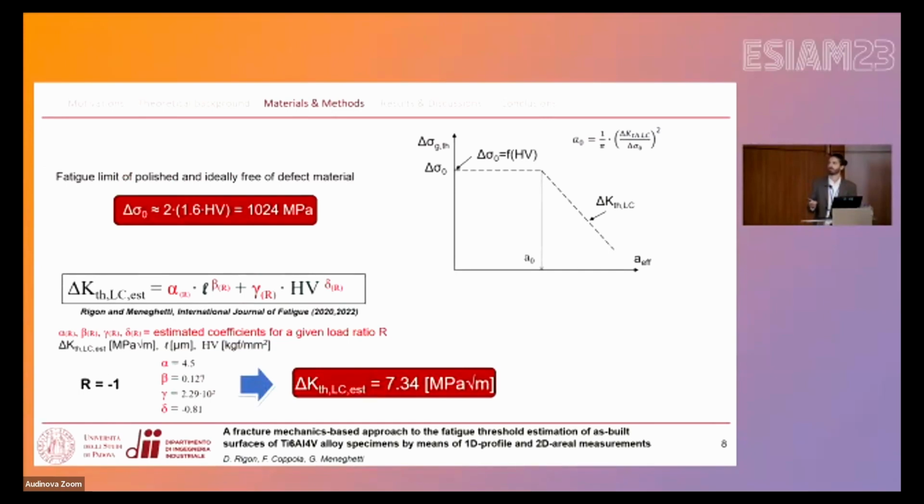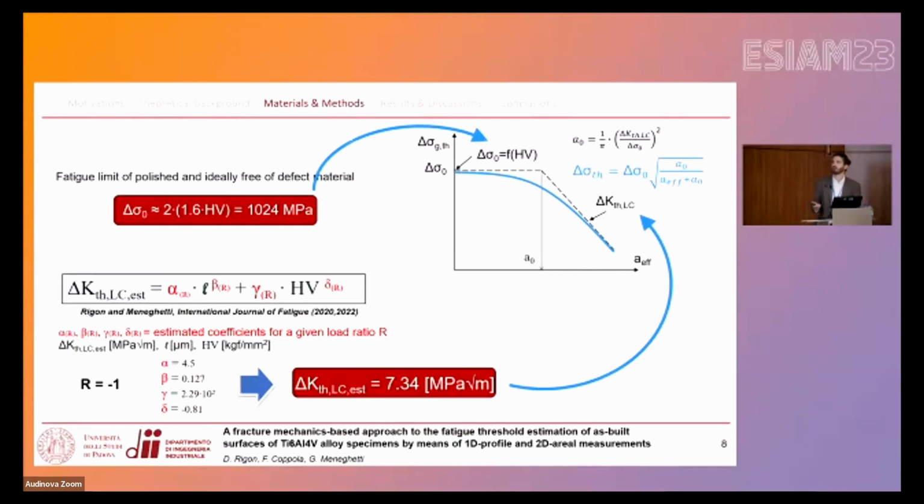So defining the fatigue limit of ideally defect-free material, starting from the Vickers hardness measurement, of course, on our specimens, and the delta K threshold for long cracks estimated by using a biparametric model based on a microstructural length parameter and the Vickers hardness. So by means of these two material properties, we can draw our model for estimating the fatigue limit of the material.